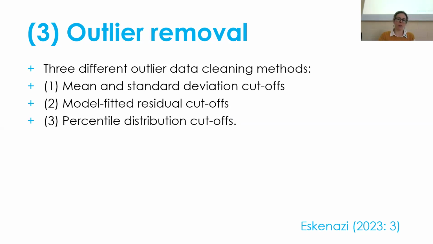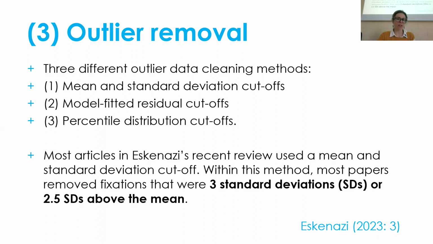Or you can also use a percentile distribution cutoff. However, the very first, mean and standard deviation cutoffs, is by far the most commonly applied method, and most papers that Eskenazi reviewed removed data points that are either 3 or 2.5 standard deviations above the overall mean, right?